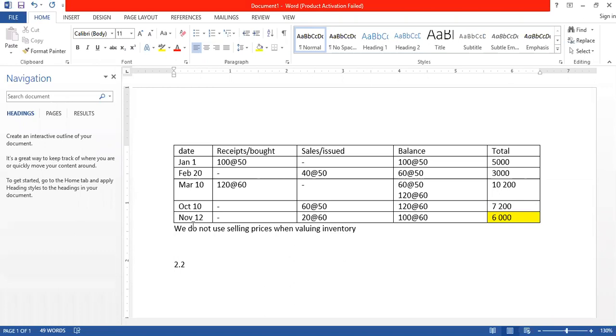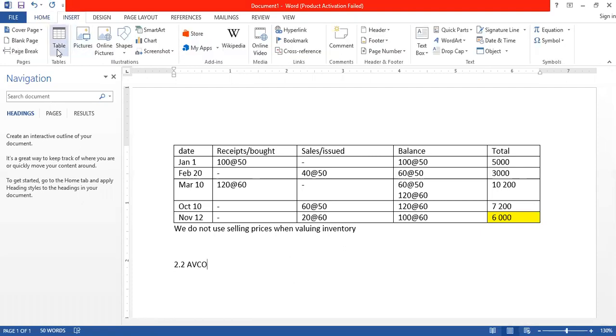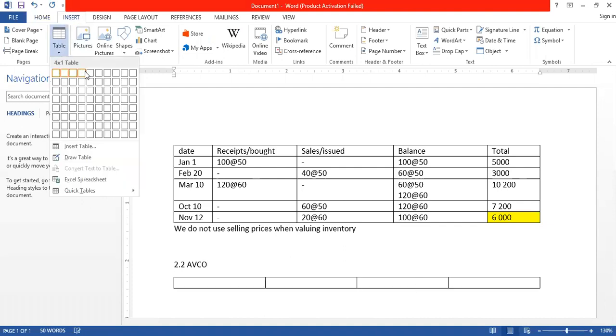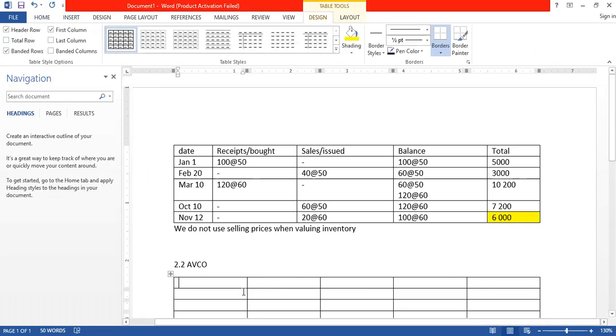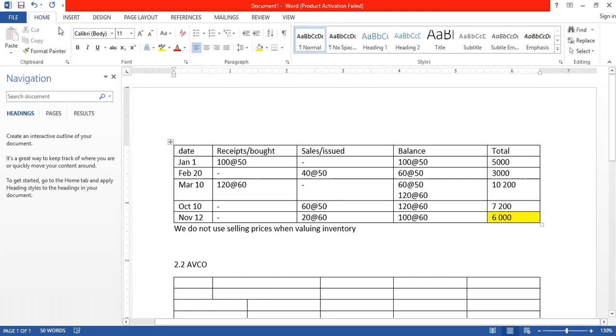Now calculate using AVCO. We draw up the same table. Let me quickly draw up the table.